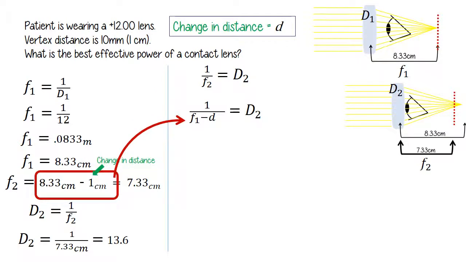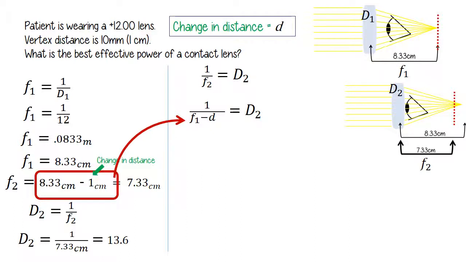But we don't want to use 1 centimeter because that's specific to this particular instance, this particular patient. We want to use a variable for that because sometimes it might be 3 millimeters, sometimes it may be 4 millimeters. We don't know what it's going to be every time.